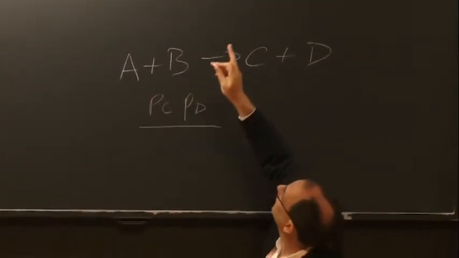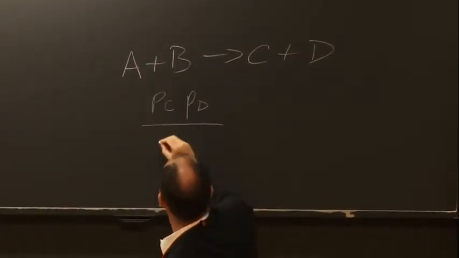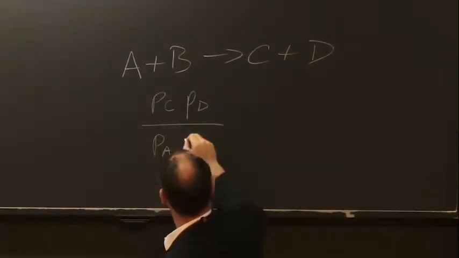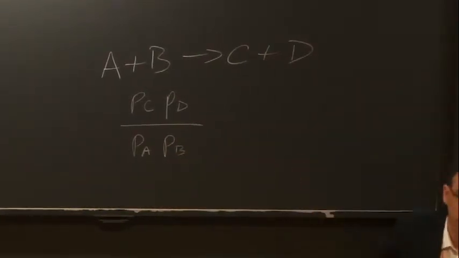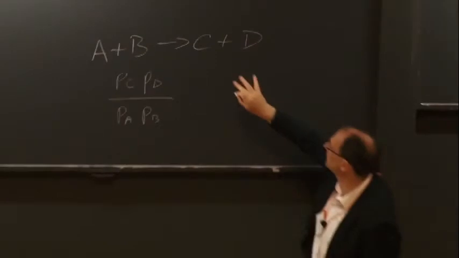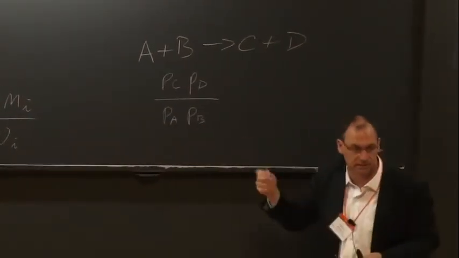But then on the other side I have A to the minus 1, so this would be P_A and P_B, again divided by P naught squared, so the P naught goes away. If I have the same moles on both sides, the P naught goes away, otherwise it stays there.